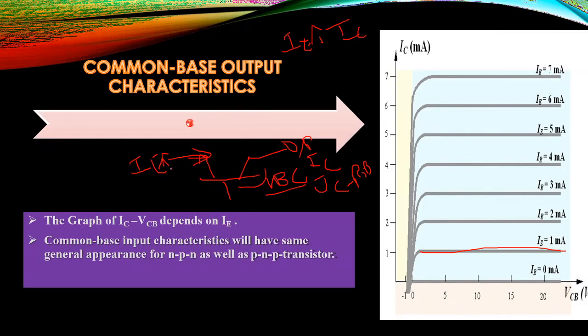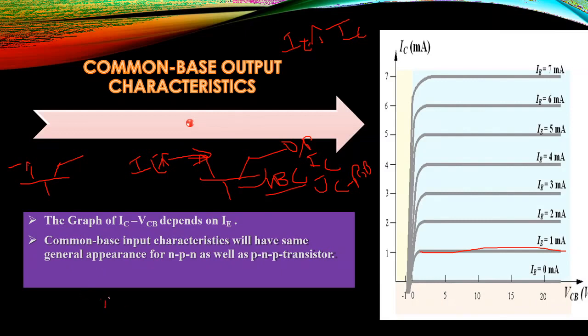Whatever characteristics we have learned till now, for analysis of input characteristics, we maintain the output voltage as a constant. In order to study output characteristics, we maintain the input current as a constant. These two parameters we have to use to analyze input and output characteristics.